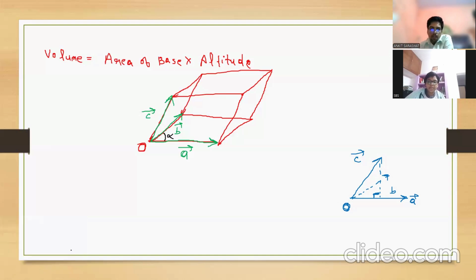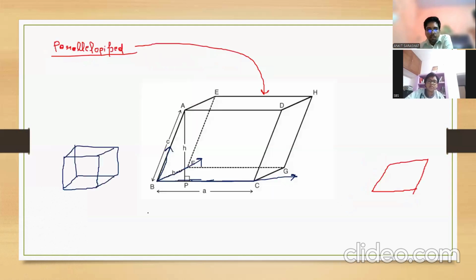Sir, if the B vector and A vector lie in the XY plane, then where will the C vector lie? Not in the same plane. A and B are in this plane, the base, like a floor. The C vector is a little bit inclined, not directly perpendicular.